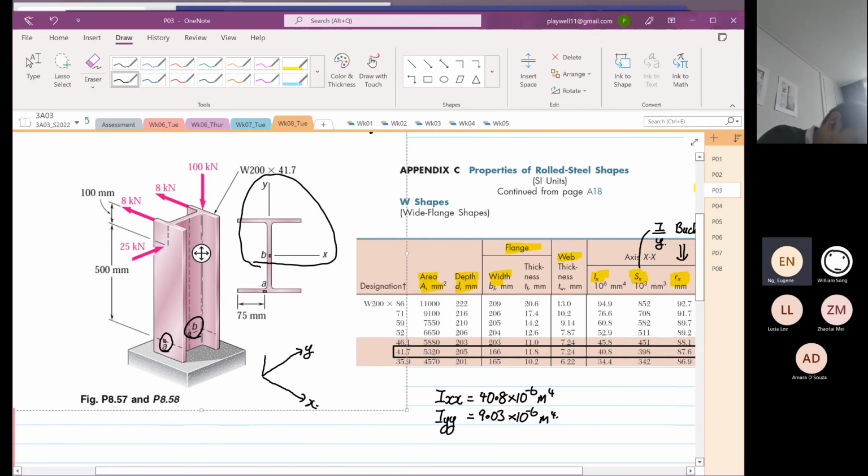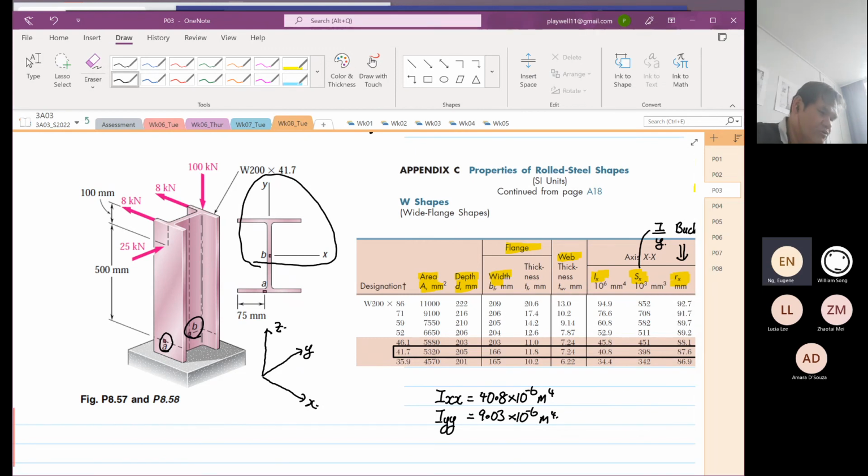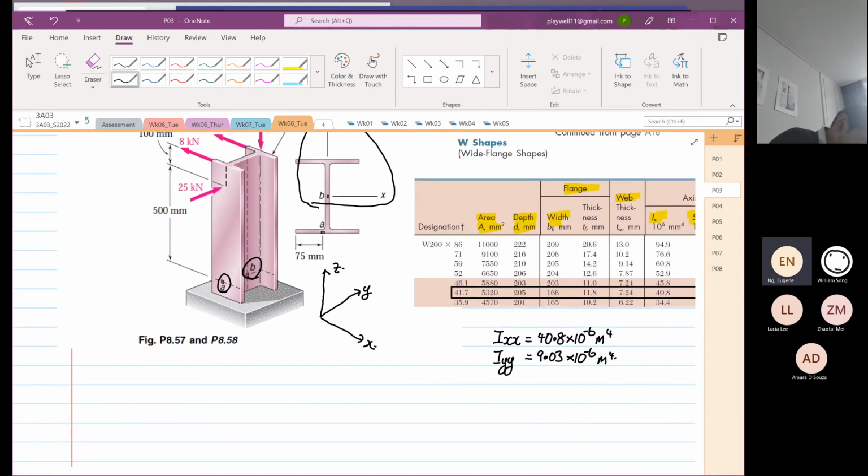So going vertically up, this is our Z. So based on what we have seen, we are going to use the formula to find our stress Z, our normal stress in the Z direction.